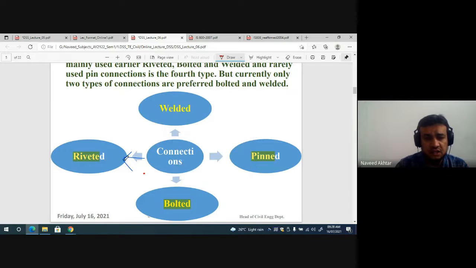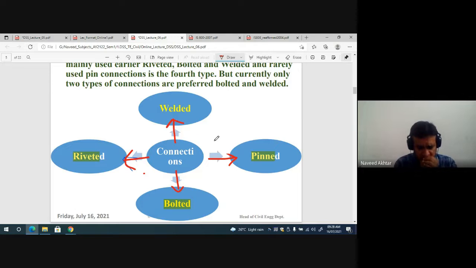And then came the welding connection. So these four connections are generally used in steel structures. It may be welded, pin, bolted, or riveted.